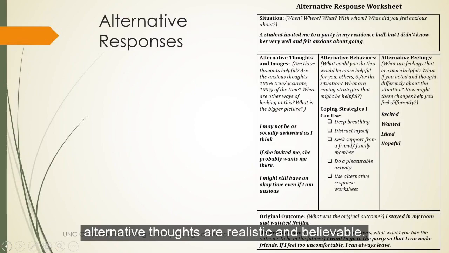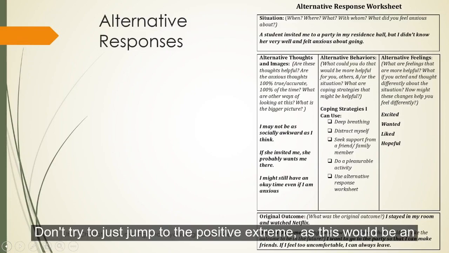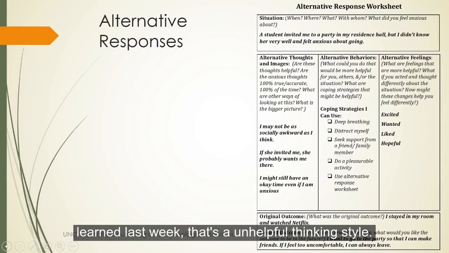Make sure that your alternative thoughts are realistic and believable. Don't try to just jump to the positive extreme, as this would be an example of black and white or all or nothing thinking. And as we learned last week, that's an unhelpful thinking style.